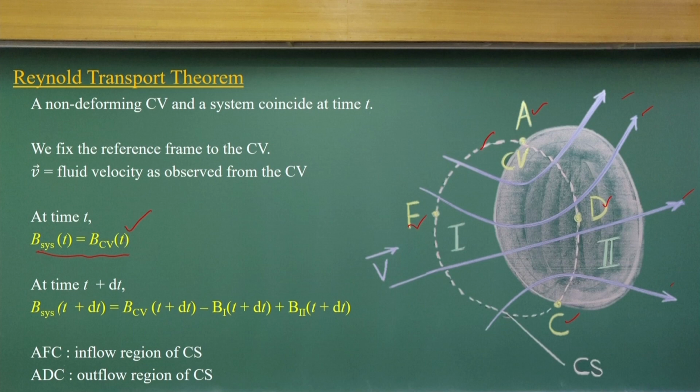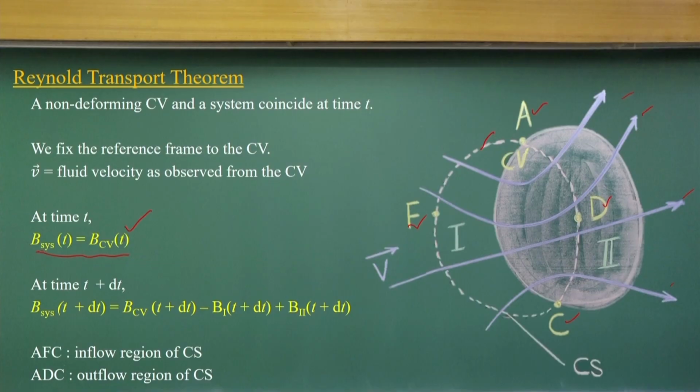that is what the system is, as I already illustrated. At the t plus delta t time, at the next instant of time, definitely the fluid particles will move, as we can see from the velocity vectors. They will move out from this and can occupy this space.